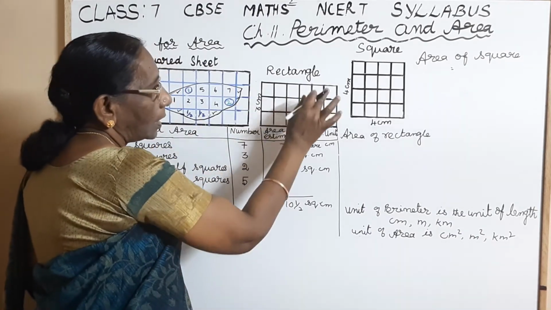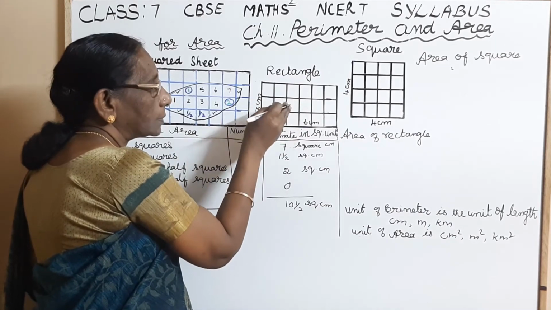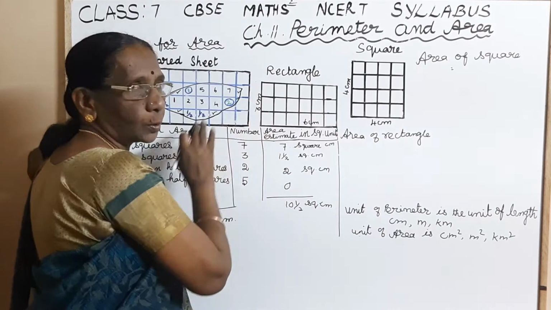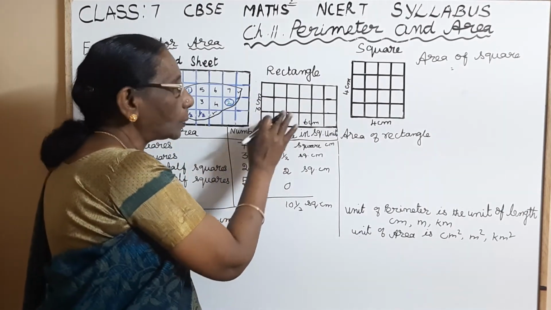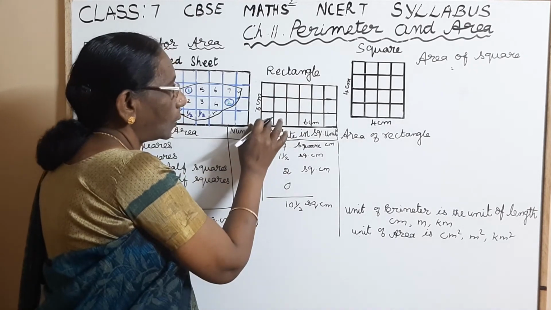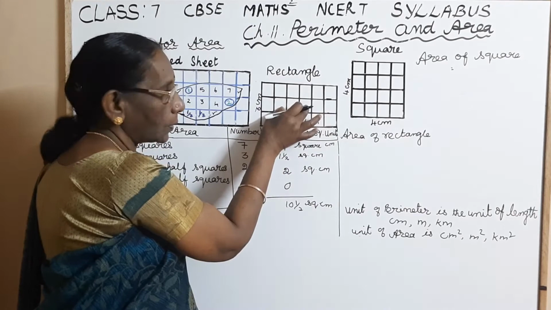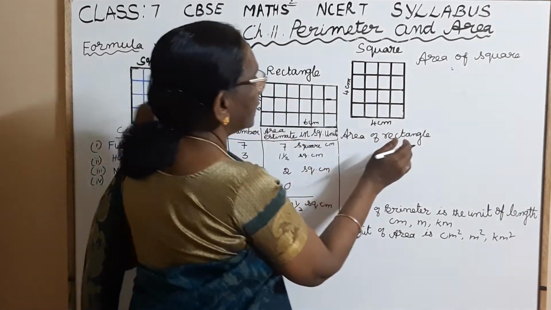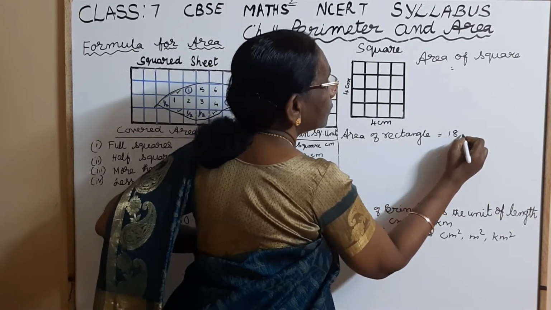Now, the area of this rectangle is measured by counting the number of the squares inside the outline. So all are full squares. So how many full squares are there? 1, 2, 3, 4, 5, 6. Then again 6. 6 plus 6, 12. 12 plus 6, 18. So area of the rectangle is equal to 18 full squares.